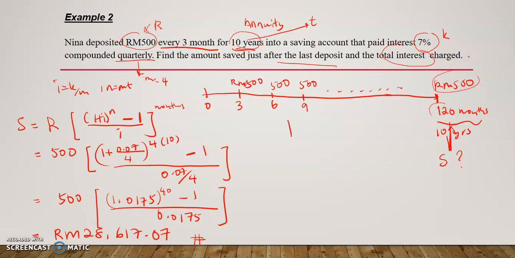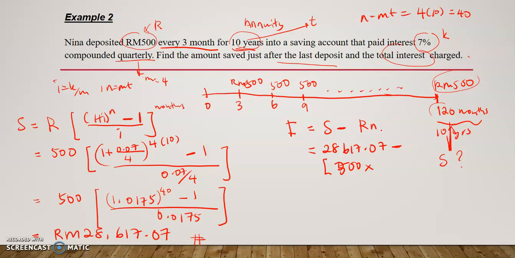Next, find the interest charge or interest earned from this investment. So I equals S minus Rn. S is 28,617.76, minus Rn, where R is 500 and n equals mt. So m is 4, t is 10, which is 40.